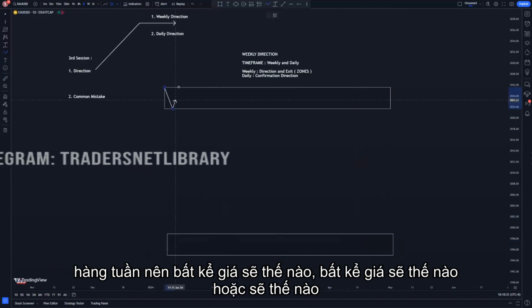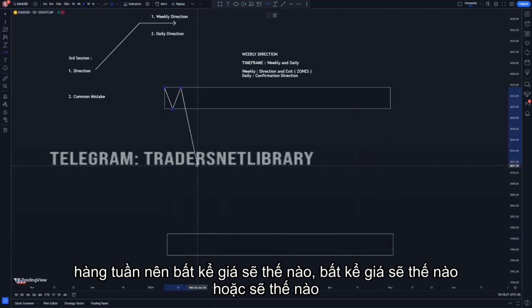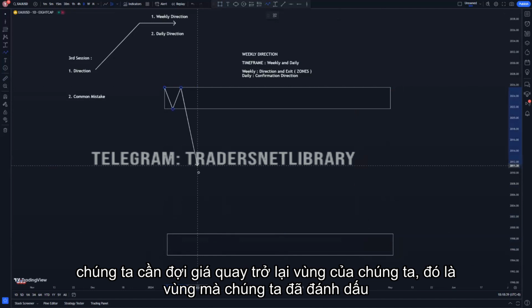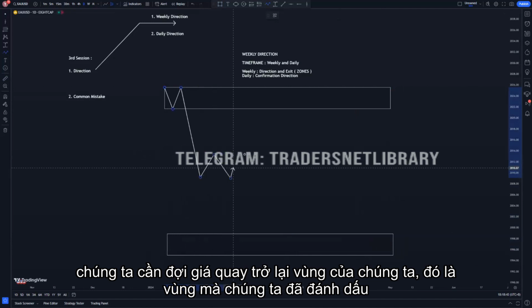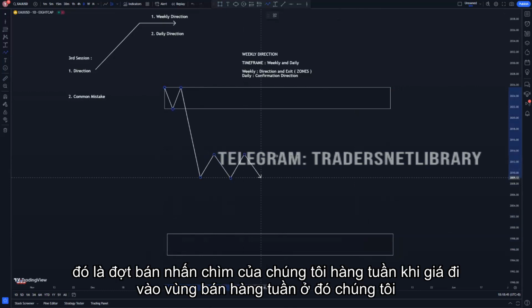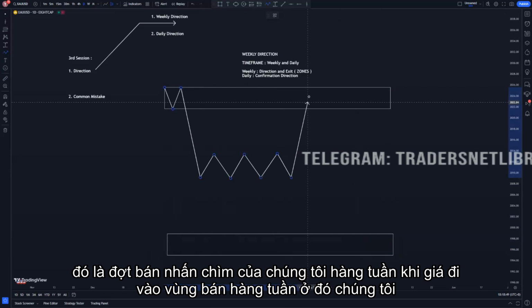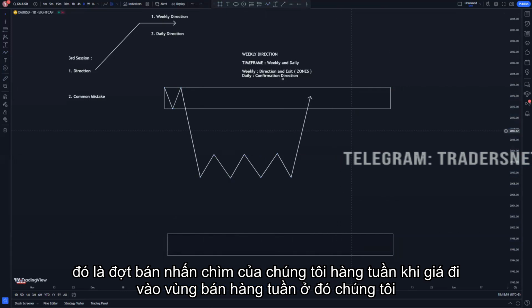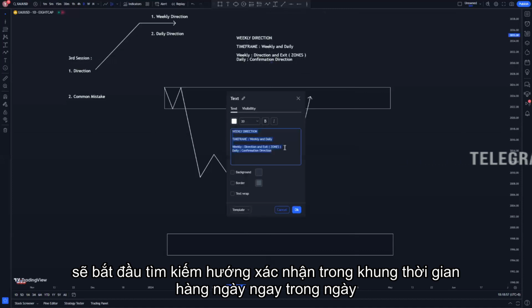No matter what the price is going to do, we need to wait for the price to get back into our zones, which is the zone that we've marked, our engulfing sell on weekly. When the price gets into the weekly sell zone, there we will start to look for the confirmation direction in the daily time frame.